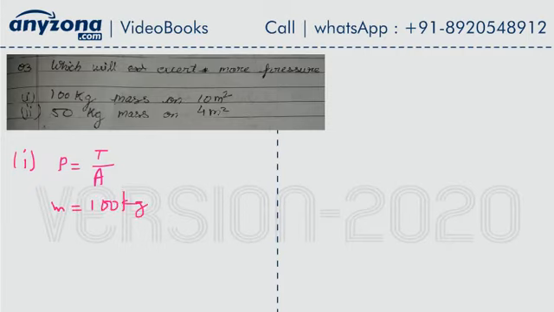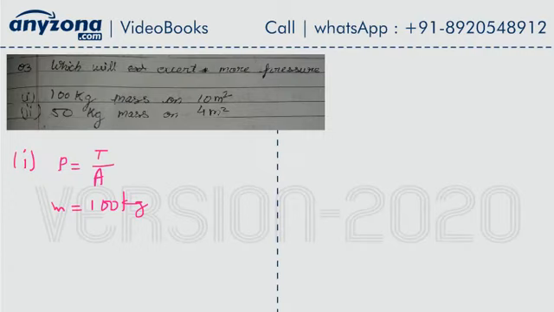So how can you convert mass into weight? When you get the weight, then weight is a type of force and force is a type of thrust. So first of all, if an object has 100 kg of mass, then what will be the weight?